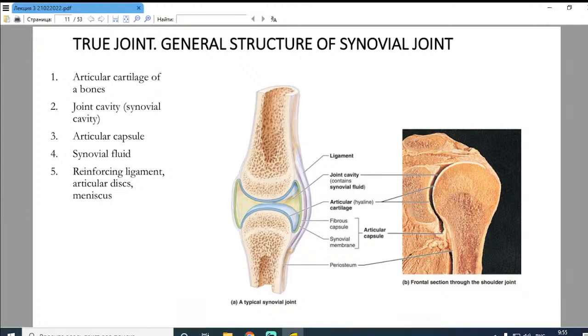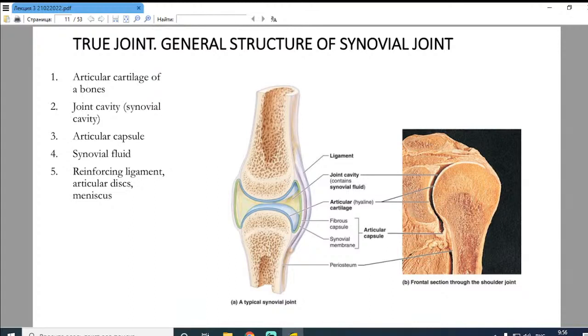A synovial joint includes the articular cartilage of bones, joint cavity, synovial cavity, articular capsule, synovial fluid, a reinforcing ligament, articular discs, and menisci.